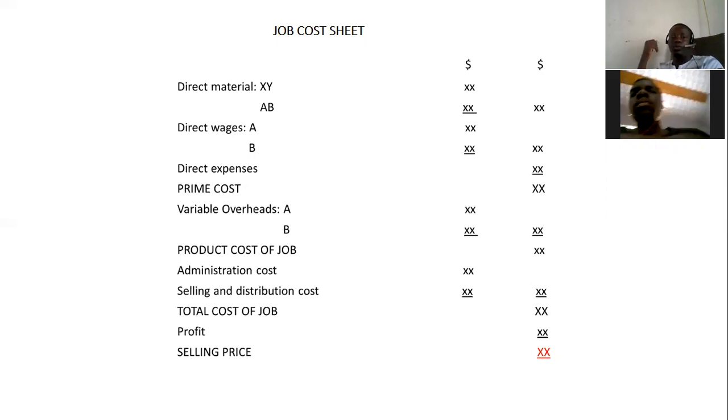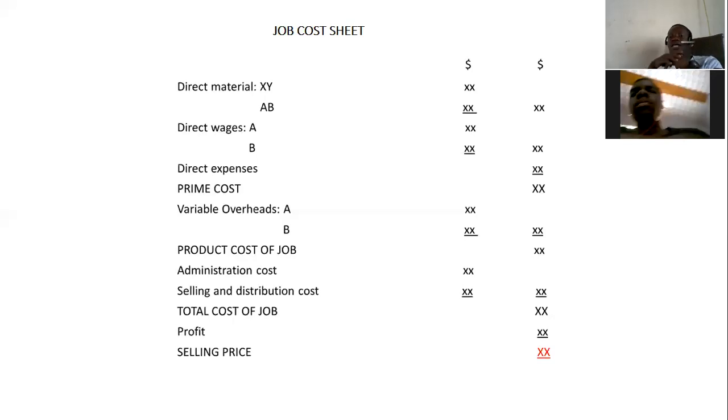In case there are two, you first do the sub calculation at the first column. So direct material XY, then you insert the figure AB. You sum up these two, and whatsoever you get, you send it to the last column. That is that for direct material.